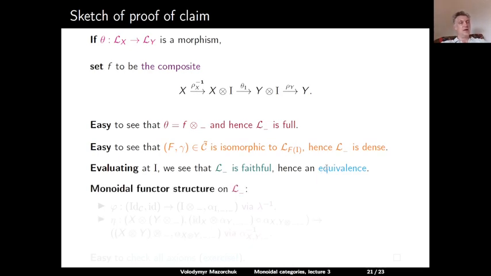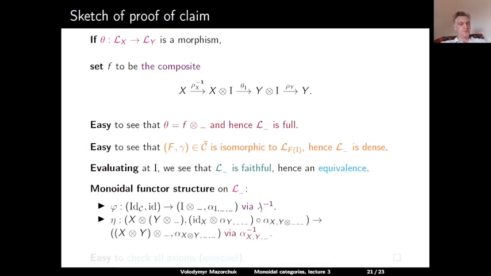And finally, we need to show that L is actually a monoidal functor. So there is a natural monoidal structure on L, which is given by the following maps. The map phi from the identity to tensoring with the identity on the left is given by the left uniter, or the inverse of the left uniter.